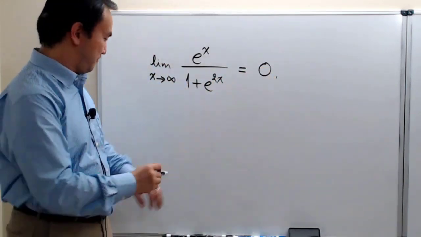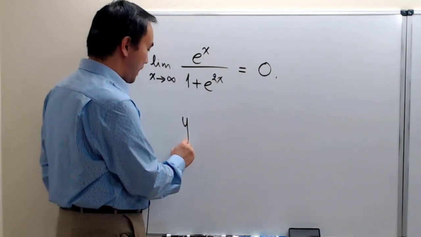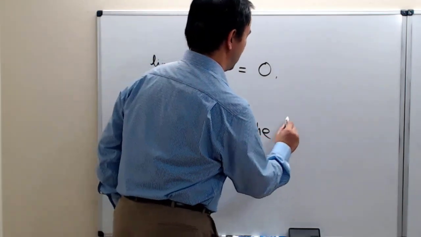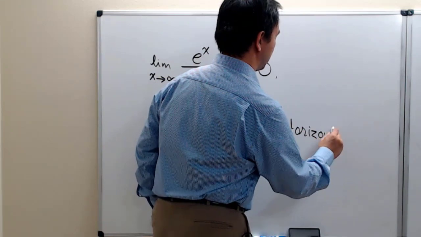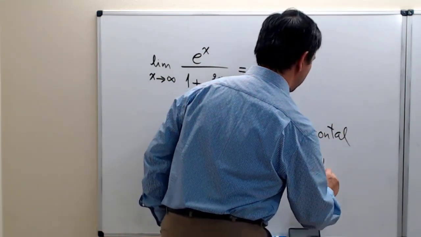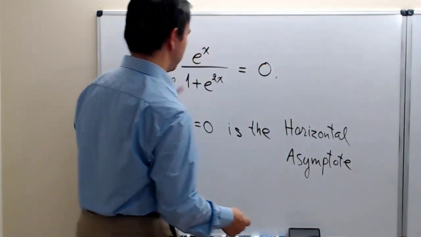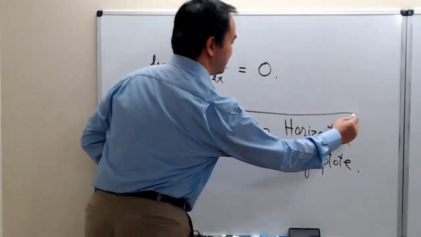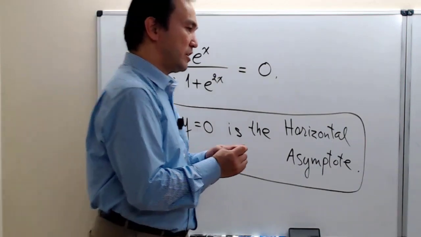So that's consistent with what we've just seen in the graph: y equals 0 is the horizontal asymptote of this function. Or in some other problem that we have done.